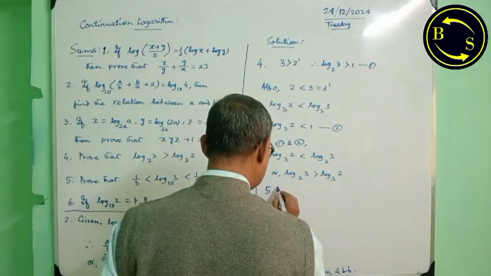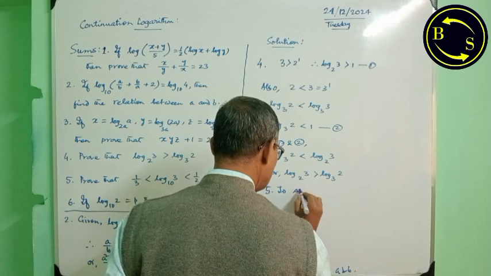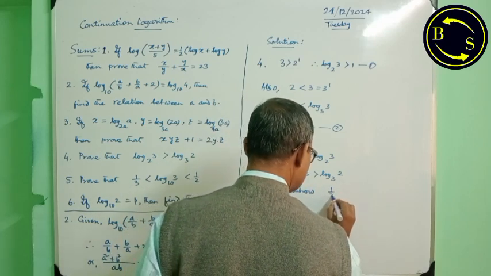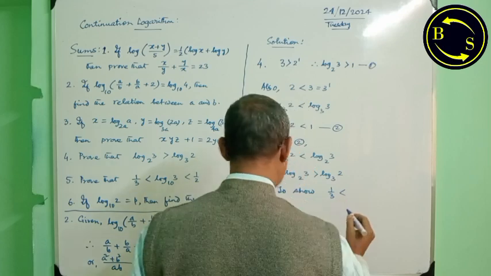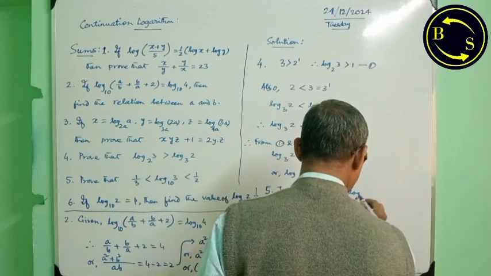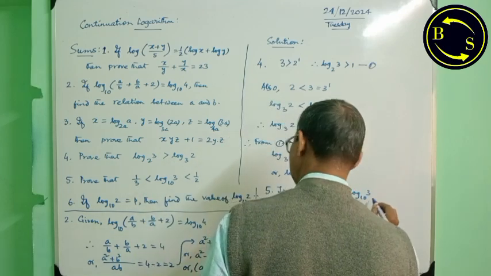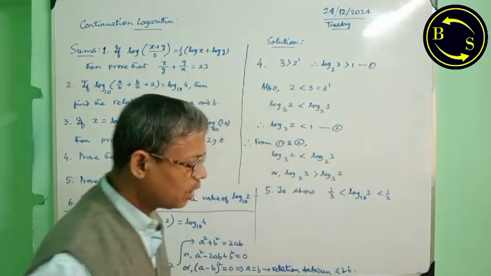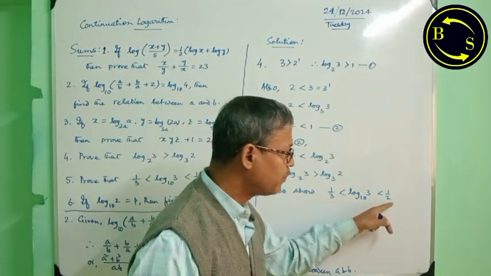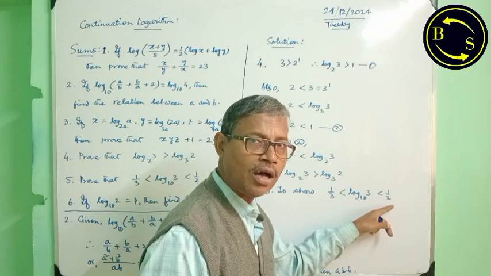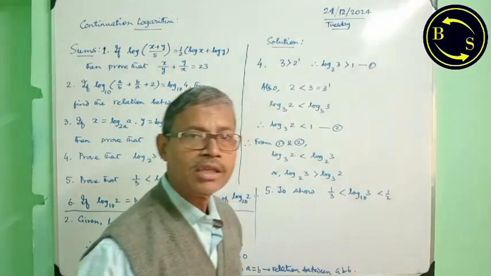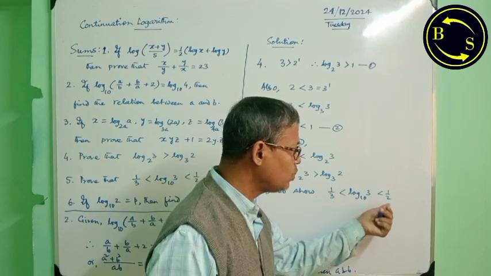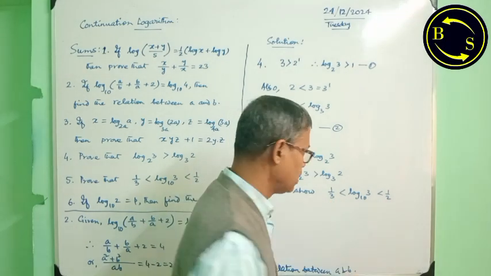We write like this: to show 1/3 less than log of 3 to the base 10 less than half. To avoid these fractions 1/3 and half, we multiply all by the LCM of these two denominators, which is 6.